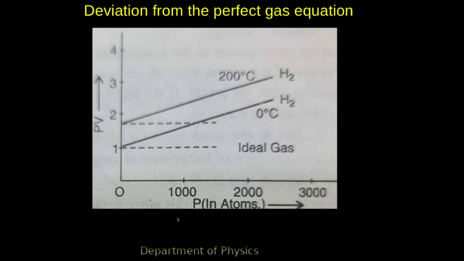the real gases obey the gas law only in the special condition of high temperature and low pressure. To test the behavior of a gas, the graph is plotted of PV against P at various but fixed temperatures like 0 degree centigrade and 200 degree centigrade.